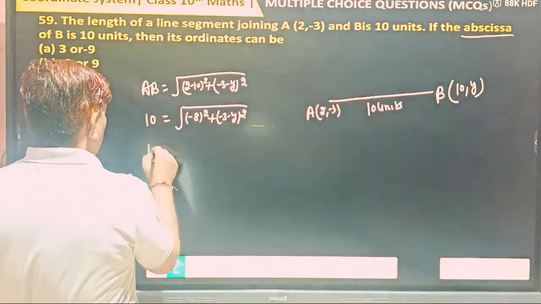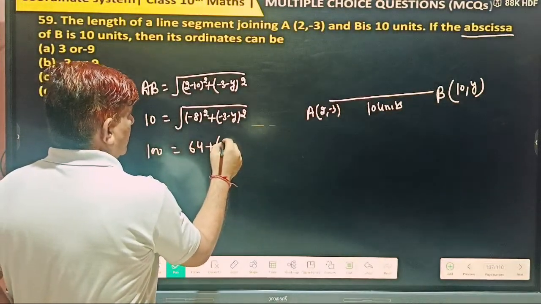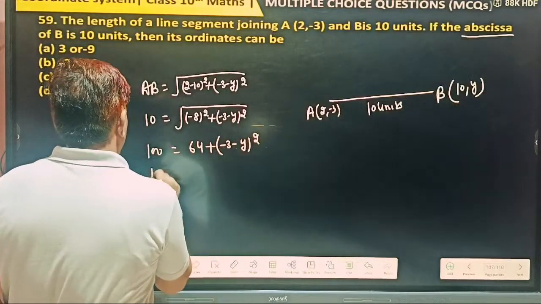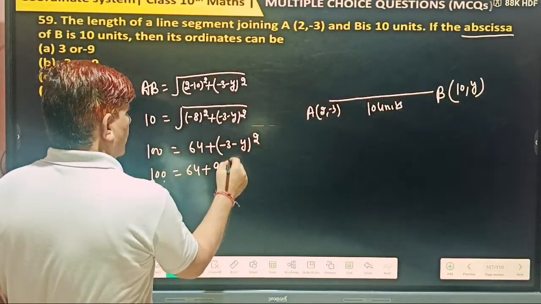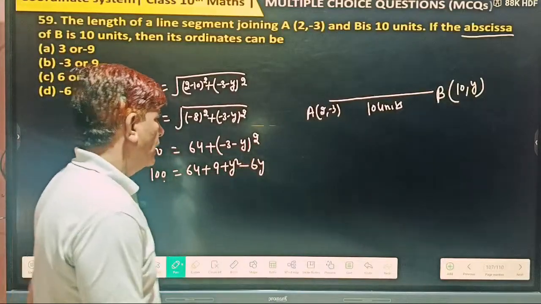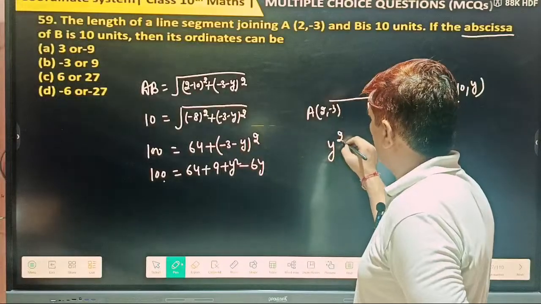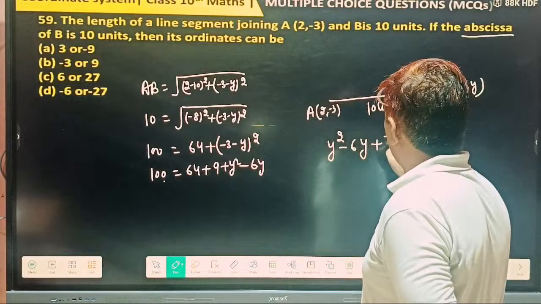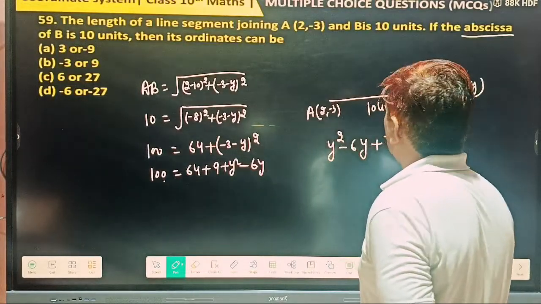Squaring both sides: 100 is equal to 64 plus (minus 3 minus y) whole square, so 100 equal to 64 plus 9 plus y square plus 6y. If you solve it, what does it become? y square plus 6y plus 73 minus 100 equal to 0.